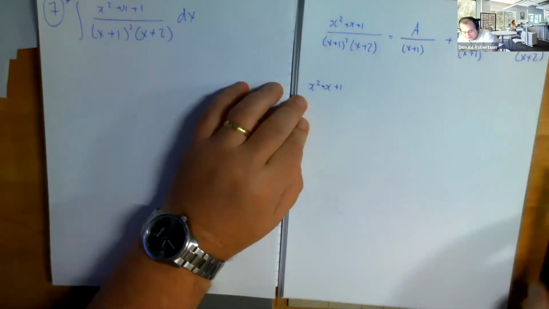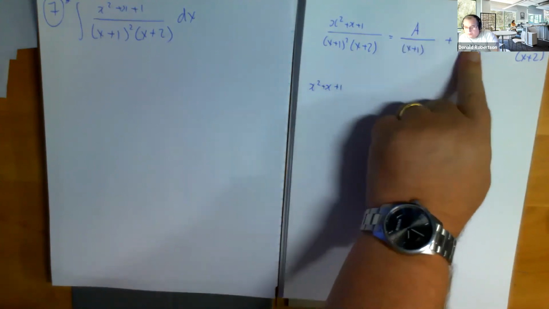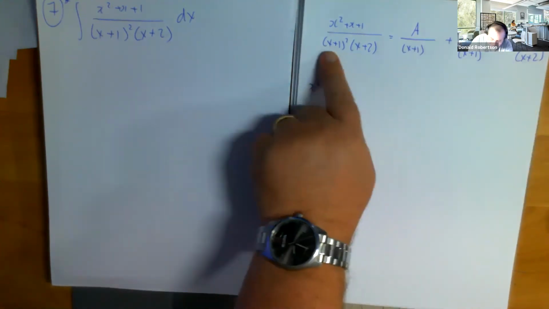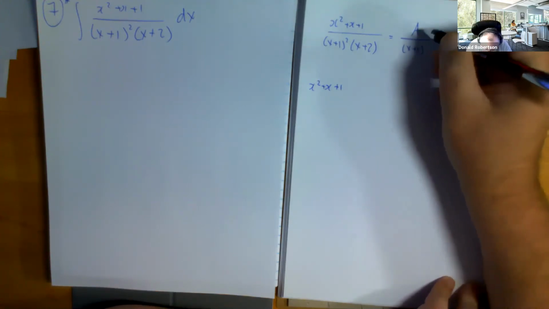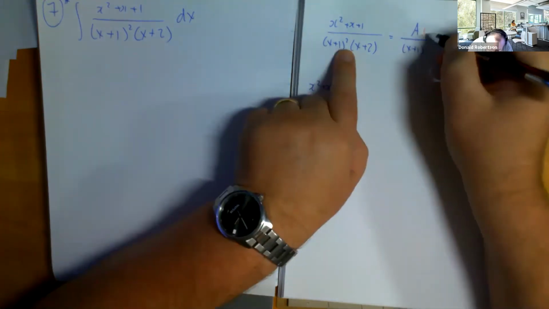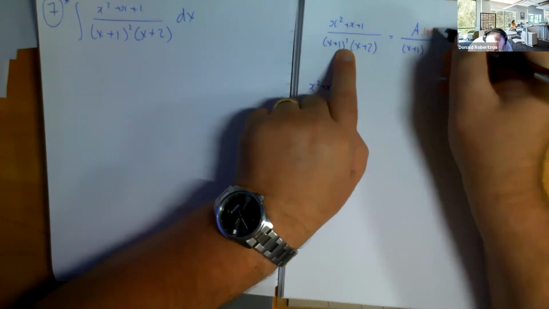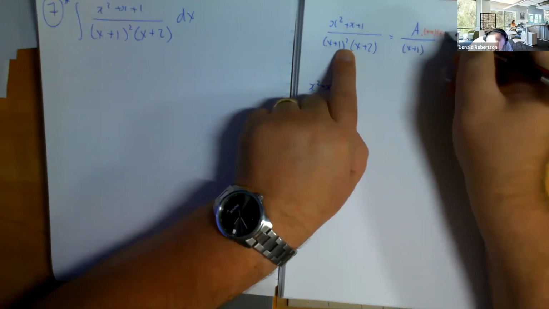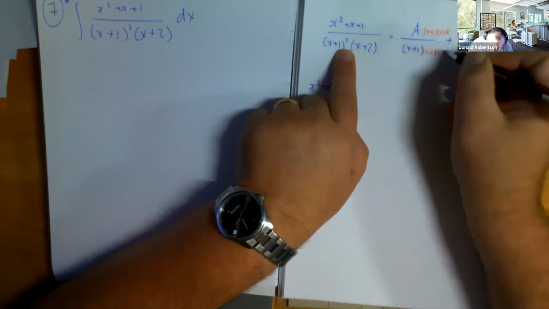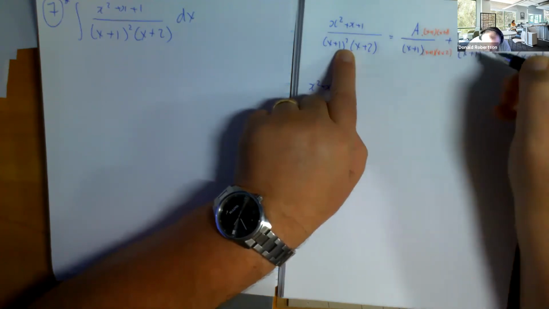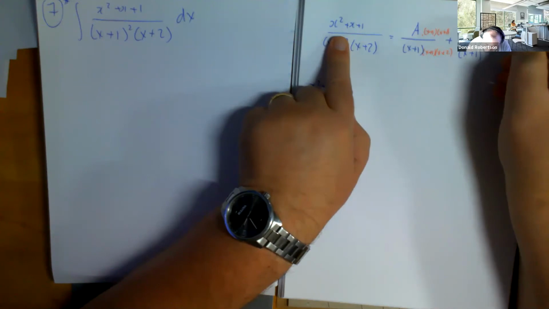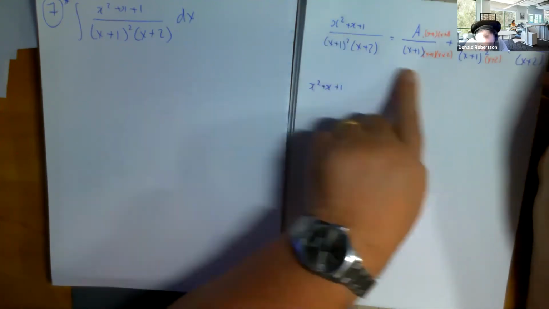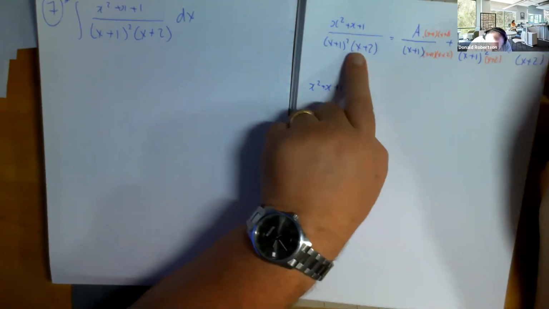Now I need to convert these to share this common denominator. What does this term have? It has 1 of these, but it doesn't have 2, so it's going to get an x plus 1, x plus 2. The middle one has all of that, so the middle one's just missing an x plus 2. And the end one isn't it missing an x plus 1 squared?